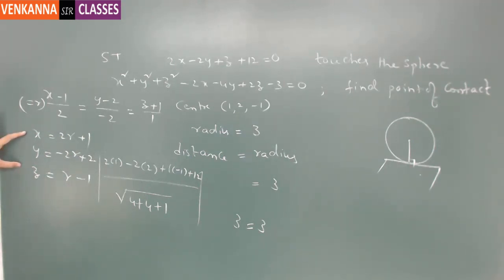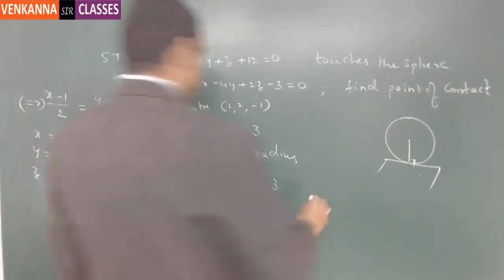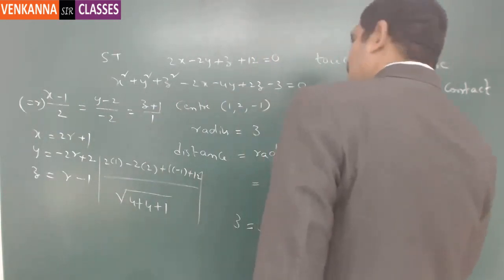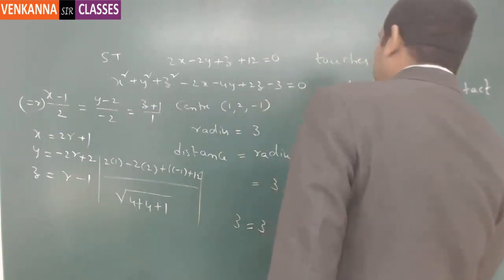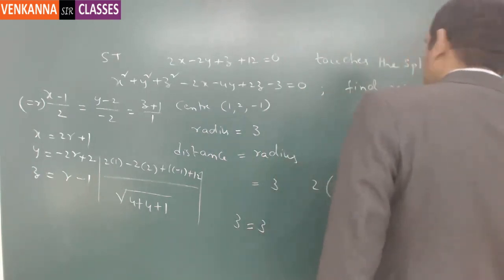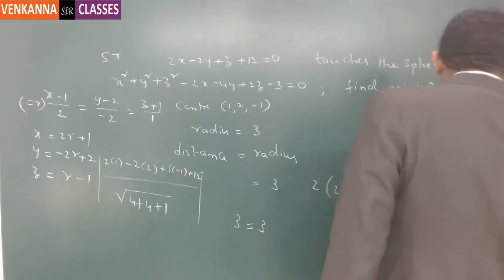Since the foot lies on the plane, in other words, the foot is nothing but the point of contact, which is common to both the sphere and the plane. If you substitute the three values in the plane equation, you have 2(2r plus 1) minus 2(minus 2r plus 2) plus 1(r minus 1) plus 12 equal to 0.